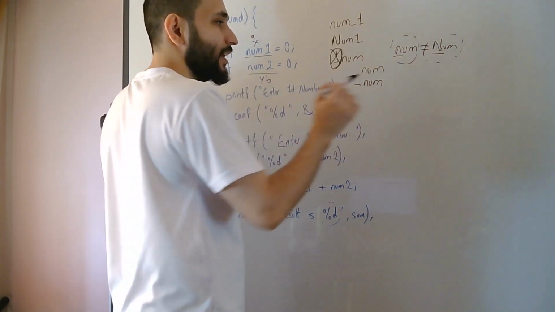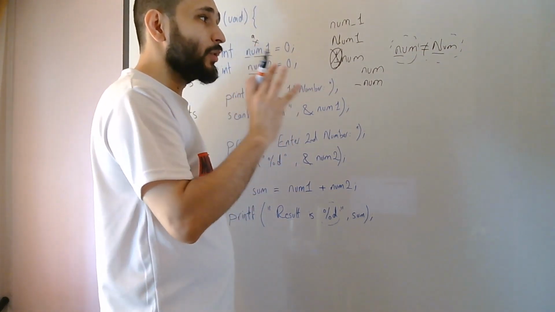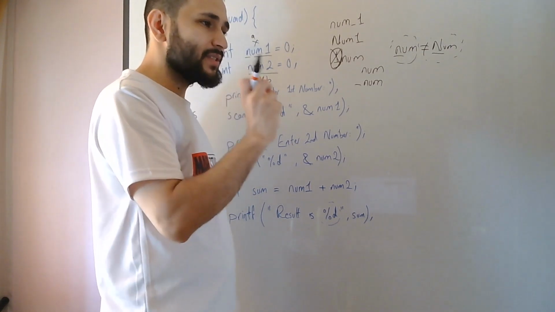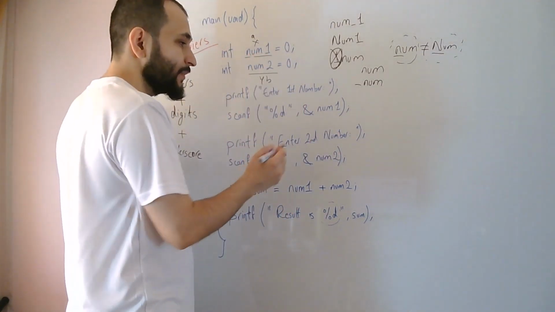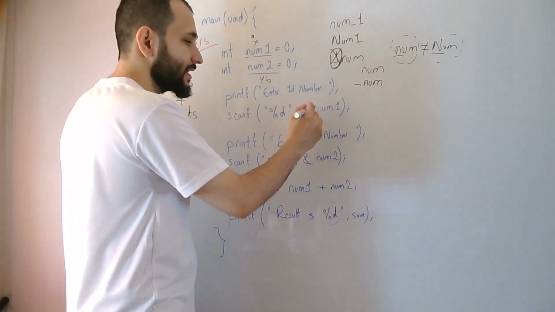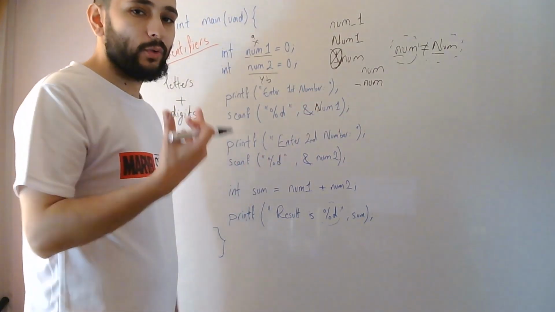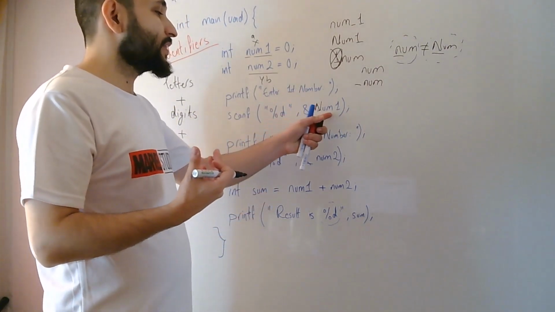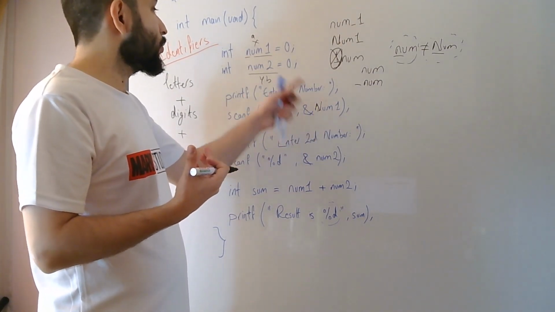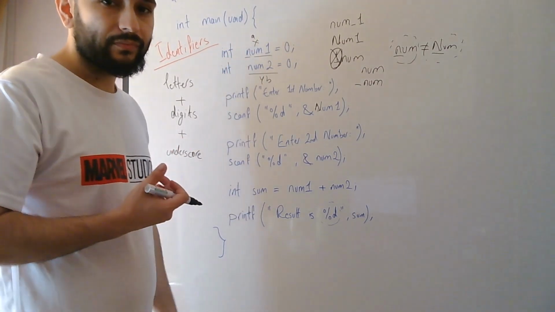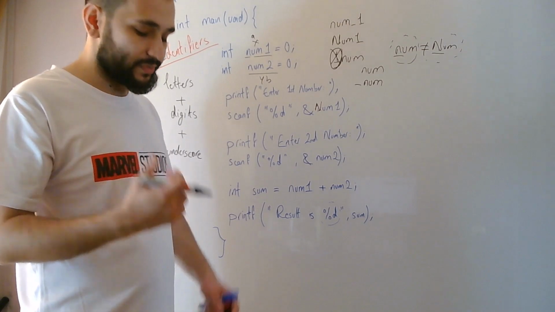So these two are totally different identifiers, and if you are using an identifier, it has to match exactly. So if you used num1 here, you cannot make this num an uppercase N here. That will give you an error because this will represent another identifier, which is different from the one here. And that's it. Let's head to my computer and see a few examples.